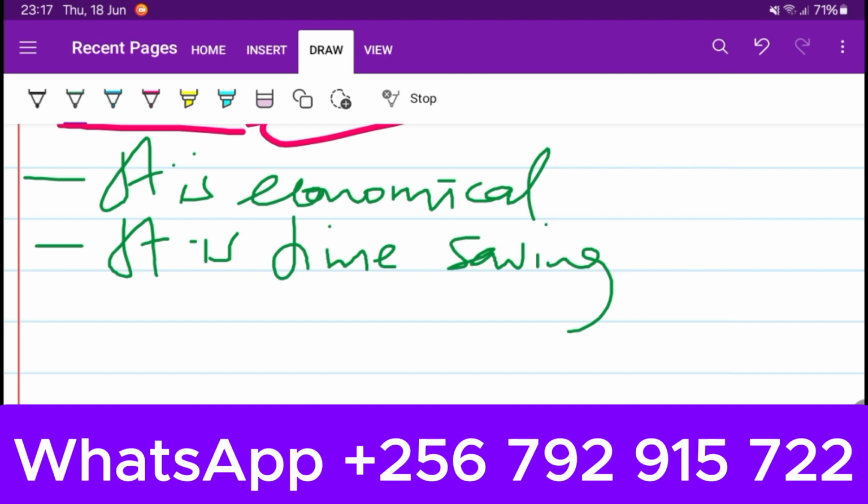But time saving means it is quicker to obtain the information than when we use the primary data. So it is quicker for us. We can quickly get this information from secondary data, like books, publications, company documents, or government reports.